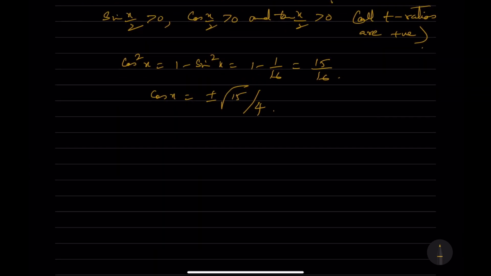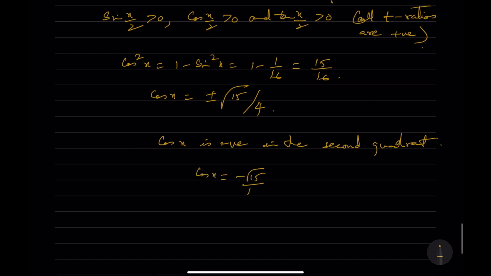And cos x is negative in the second quadrant. Since we are given x lies in the second quadrant, so therefore you are getting cos x is equal to minus root of 15 by 4.